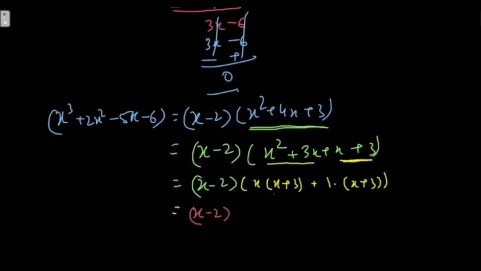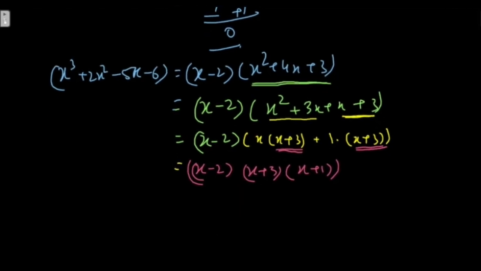Now, look here. X plus 3 is a common factor in this term, and x plus 3 is a common factor here as well. So, again, taking the method of greatest common factor, we can take x plus 3 common. We are left with x plus 1 here, right?